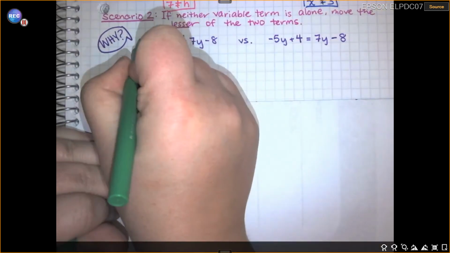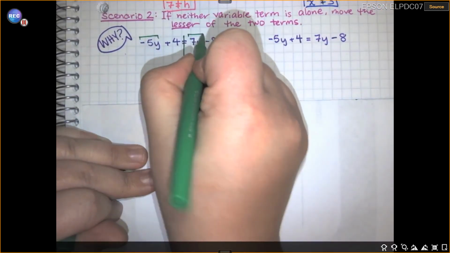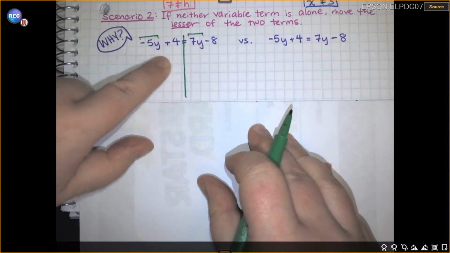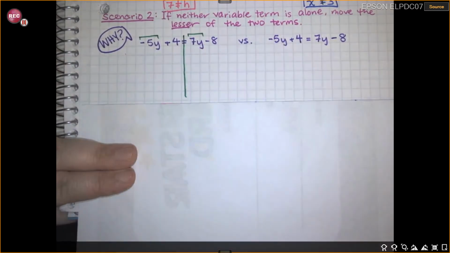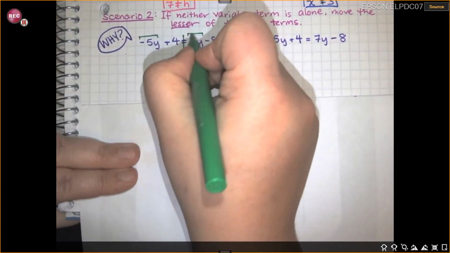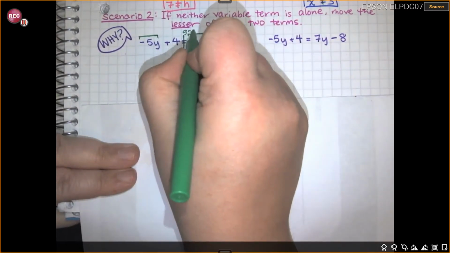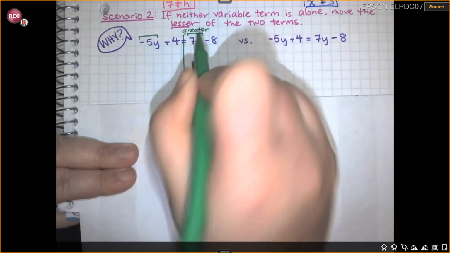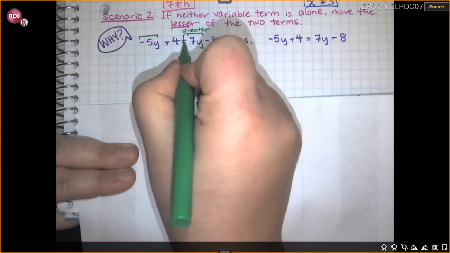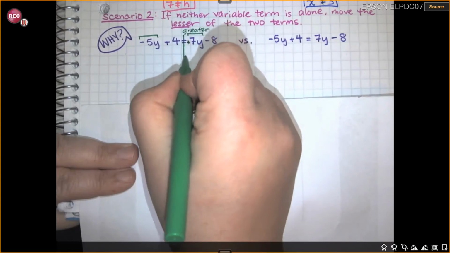Here you go. We identify the variable terms. We have negative 5y and 7y. Okay. So, let's say we're going to move the greater of the two. Okay, this one's greater. If we move this, remember it's positive 7y.